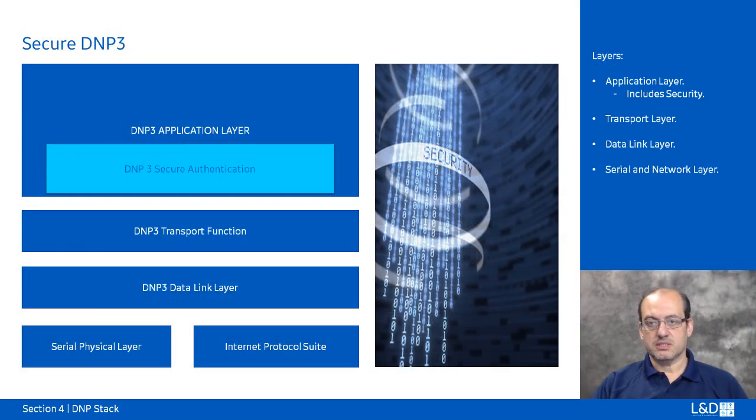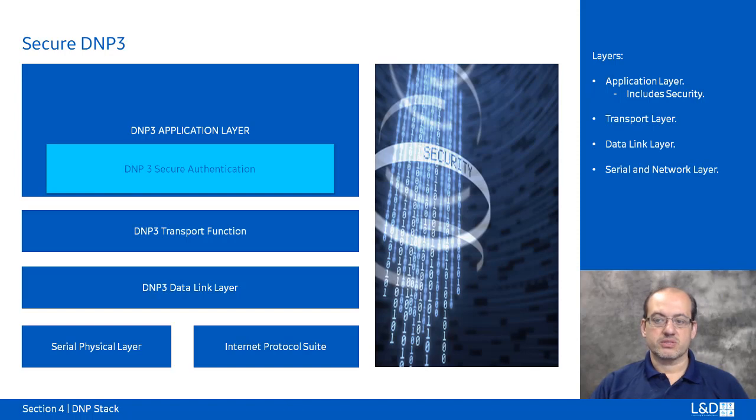If we want to discuss some of the new layering that's taking place in the field of communication, the new stack, what you will find is inside the application layer, if you're complying to a level 4 device, you will find an extra functionality built into the application layer, or an extra layer if you like, which is the DNP version 3 Secure Authentication layer. Also, like I said, in the data link layer, you might find there is a DNP transport layer.